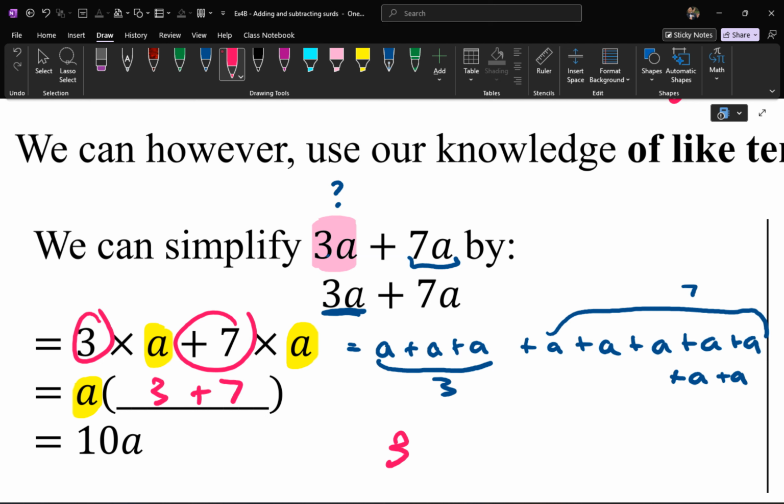If I gave you 3 bracket A plus B, you would have said 3 times A, 3 times B. Well, I'm doing the same here now. A times 3 is the same thing as 3A. A times 7 is the same thing as 7A. True? But what's nice here is by doing that, you can see where A is separated and 3 plus 7, I got 10 of those A's.